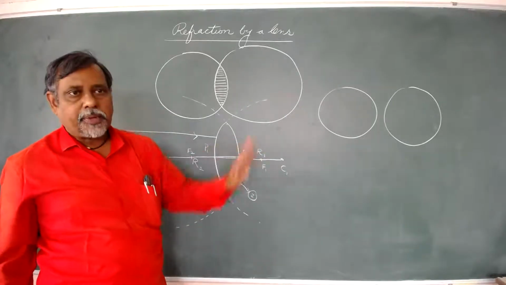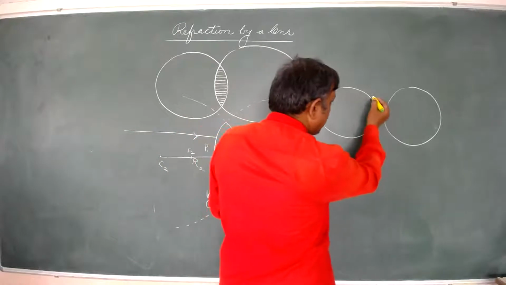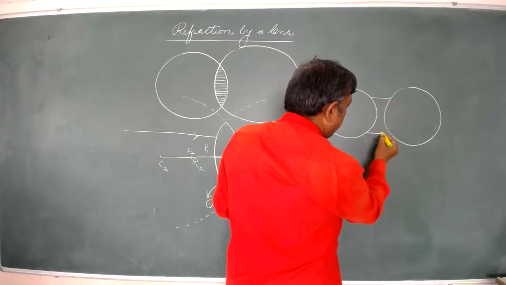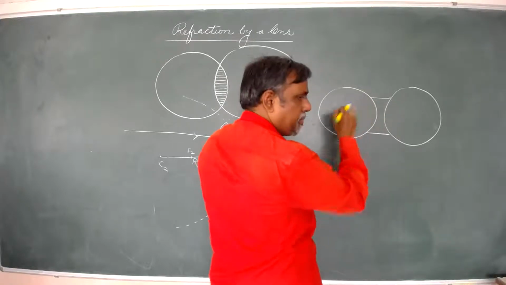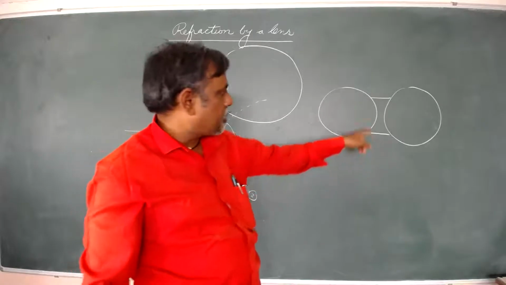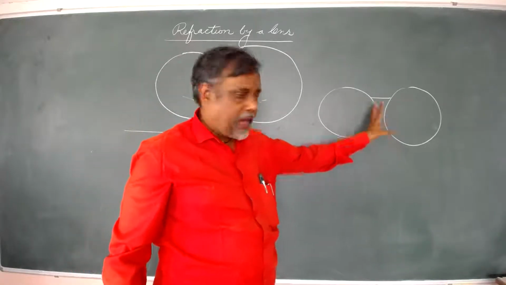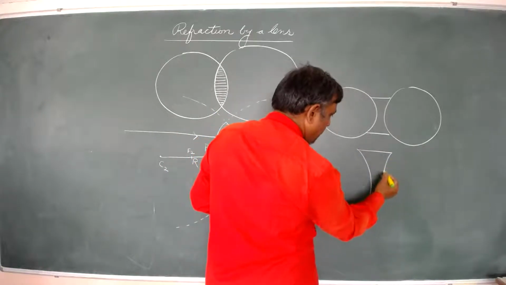There must be some gap in between the two spheres. And whatever gap is present in between these two spheres has to be filled by the similar material. If this is made up of flint glass, the same flint glass we need to use to fill this gap. Then this shape you will be getting, so this is called concave lens.